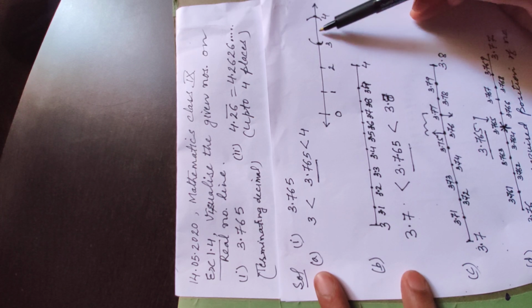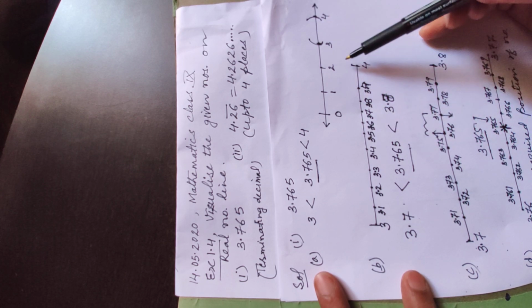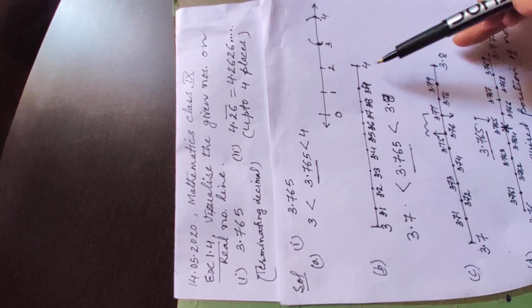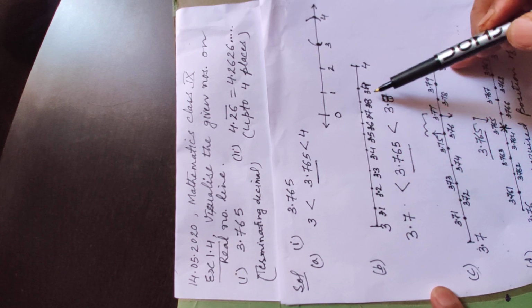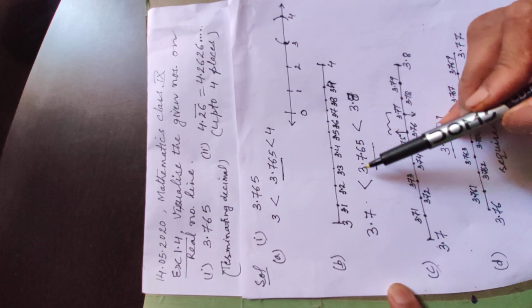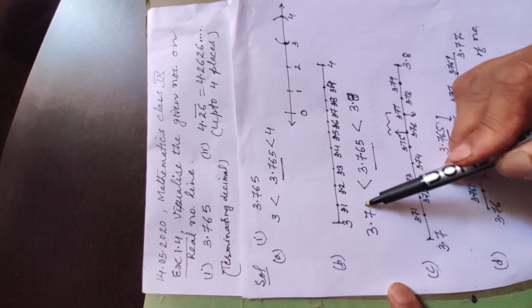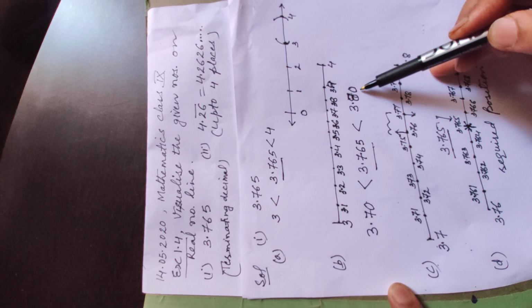Between 3 and 4 there would be the number 3.765. Now we are approximating it to its exact location like this. So we'll divide the space between 3 and 4 into 10 equal parts, as I showed you in the slide. Right? So we can see now 3.76, 3 rupees 76 paisa, is more than 3 rupees 70 paisa but less than 3 rupees 80 paisa.